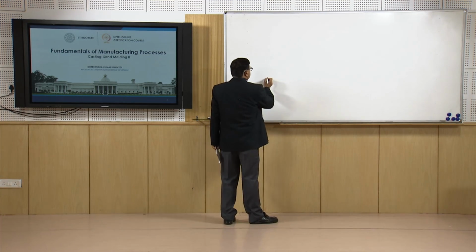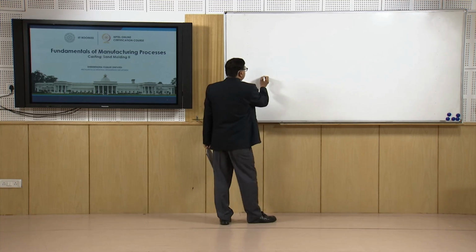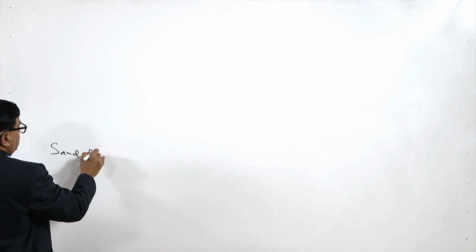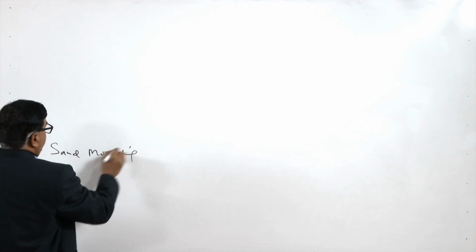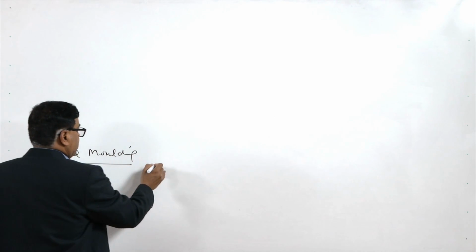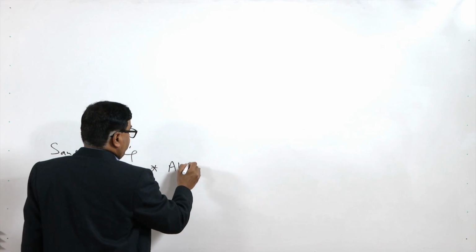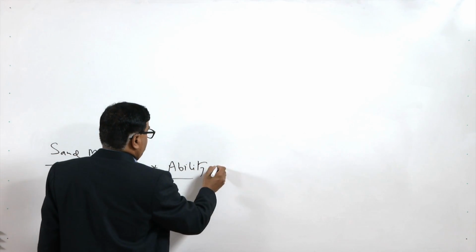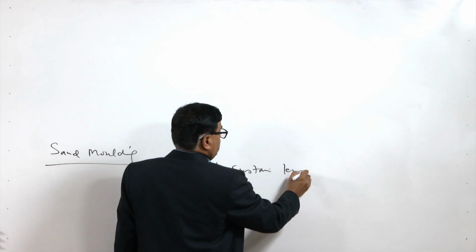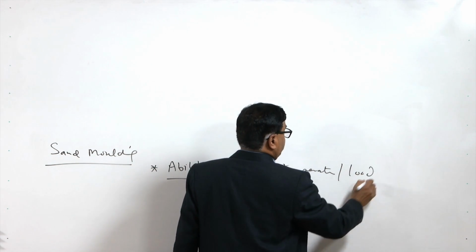Now, coming to certain characteristics which a sand mold should have. The sand mold should have certain features in order to provide a sound casting, and among these is the ability to sustain two things, temperature and load of the molten metal.